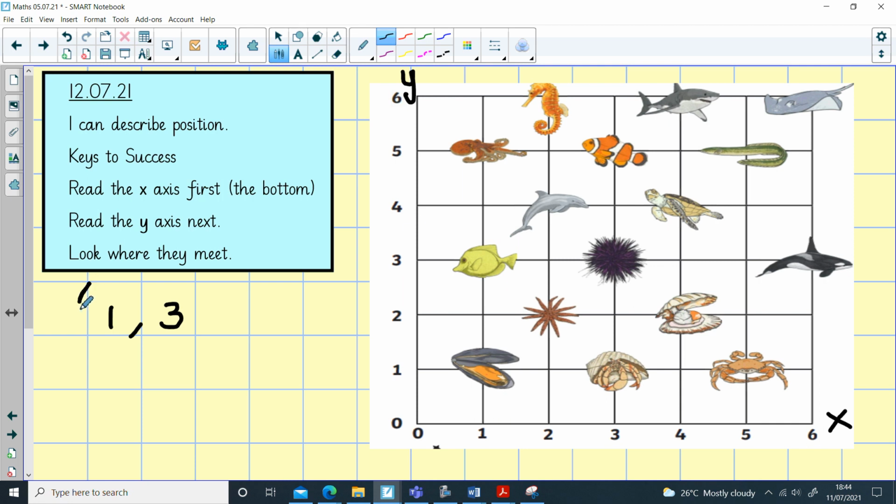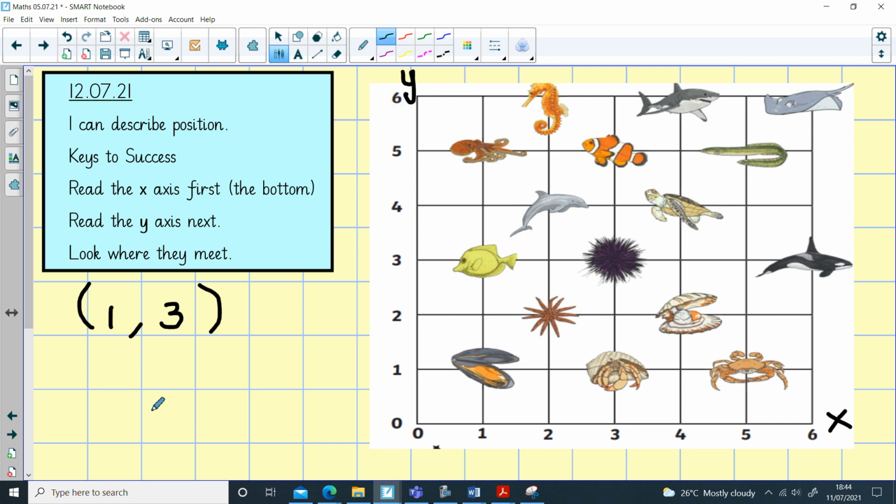And when we write coordinates, we write them in brackets with a comma separating the 2 digits, because you might have a grid that's really big and it might have 2-digit numbers on it or 3-digit numbers. So it's really important that you remember that comma. Now let me just show you what happens if we go wrong.